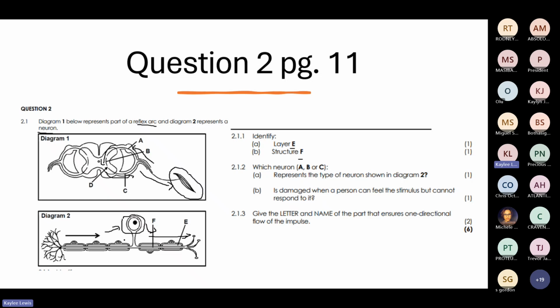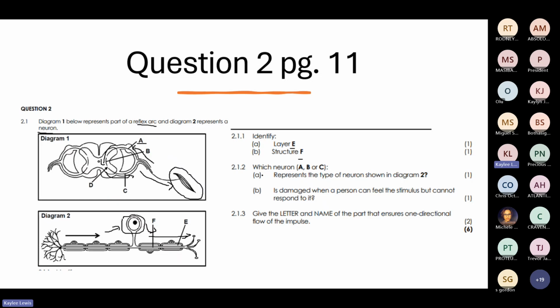They want to know which neuron, A, B, or C, represents the sensory neuron, and remember, that's the neuron taking impulses from the receptor towards the spinal cord. So your answer for that one would be A.